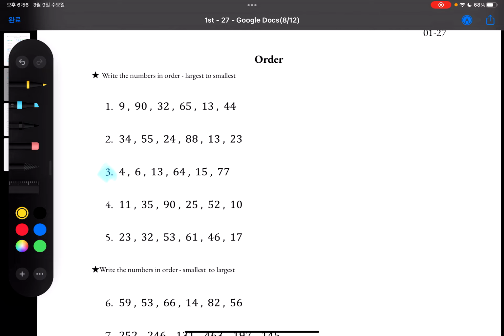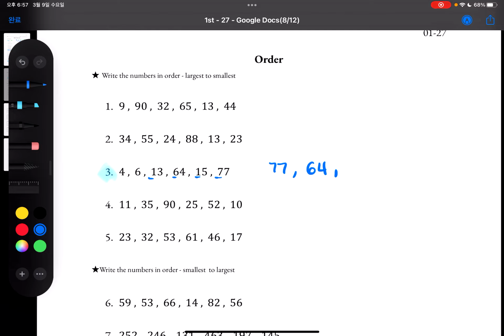We have to look at the tens place first, if they have a tens place. Out of the tens place, 1, 6, 1, and 7, we know that 7 is the largest, so we put 77. And then we have 6, which is the greatest among 1, 6, and 1. So we're going to put 64 after that.